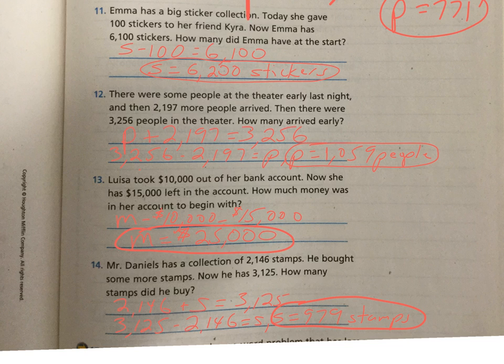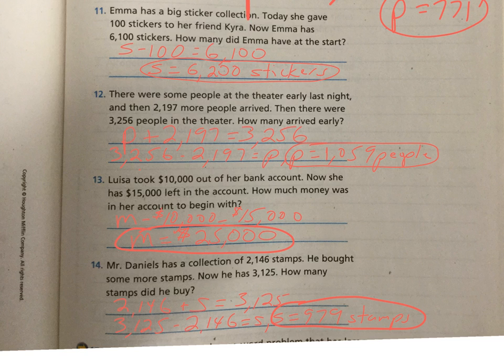Number 13, again, mental math, because you can take 15 and 10 to 25,000. So we got that simple zeros trick. $25,000. So much money is in her account to begin with. And number 14, the solution equation was 3,125 minus 2,146, and that equals 979 stamps.